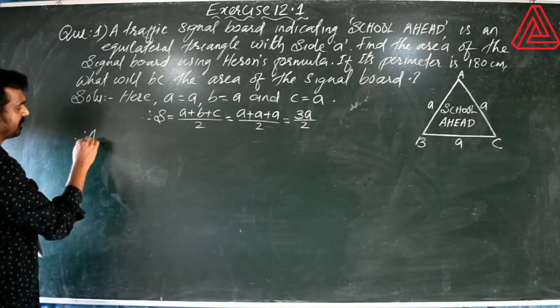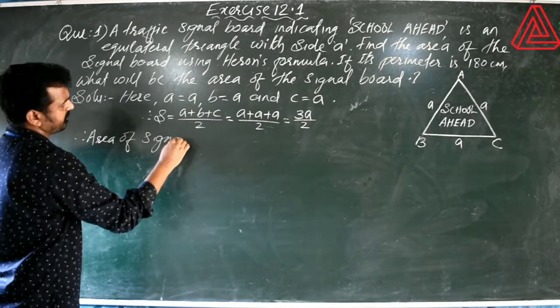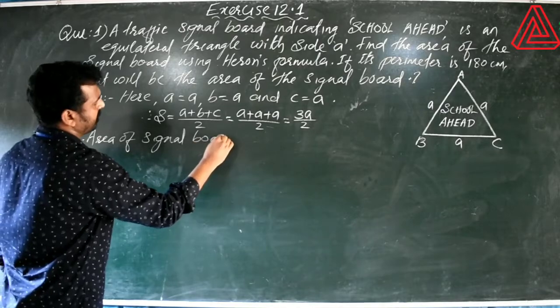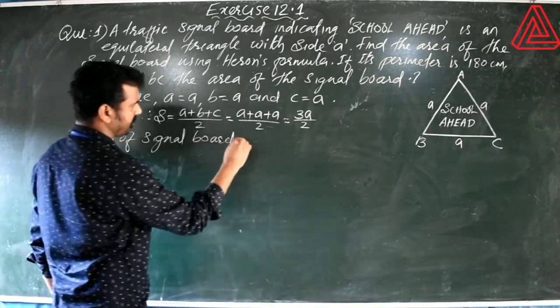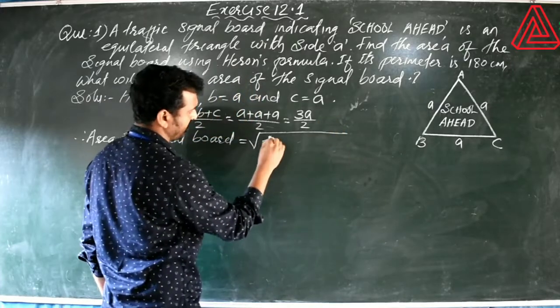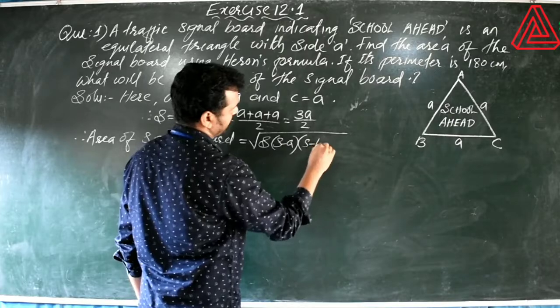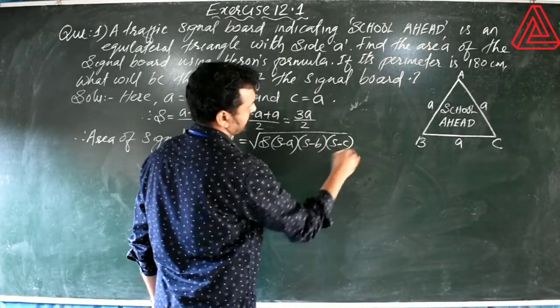Therefore, the area of the signal board is equal to, using Heron's formula, the square root of s into (s minus a) into (s minus b) into (s minus c).